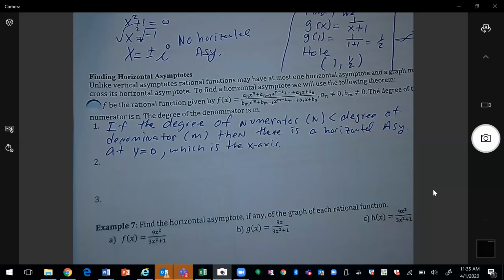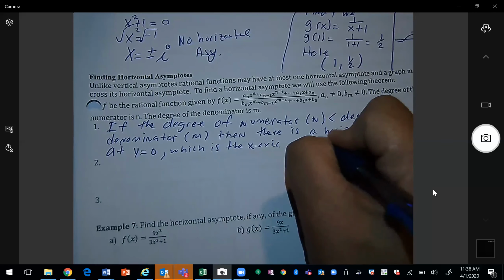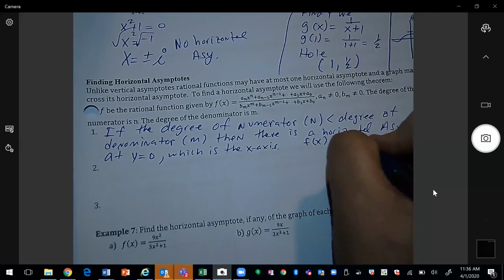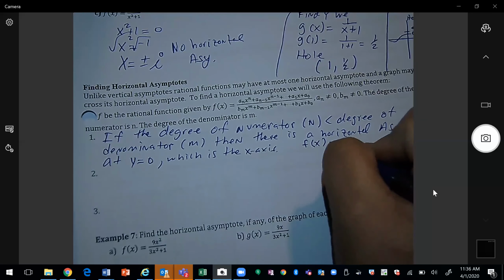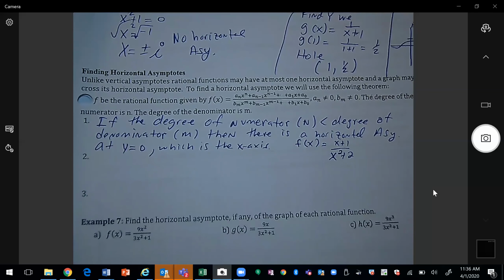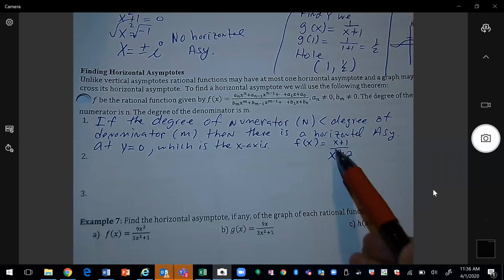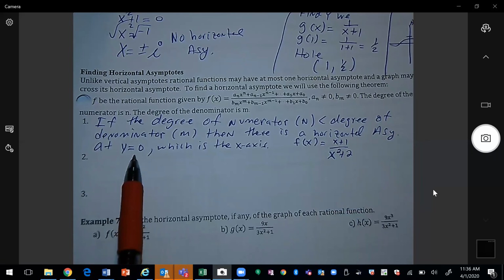Okay, so this is what I mean by this statement. Let's say you have a function f of x equals x plus 1 divided by x squared plus 2. To find the horizontal asymptote, we need to look at the degree of the numerator and the degree of the denominator. If the degree of the numerator is less than the degree of the denominator, then it's automatically going to have an asymptote at y equals 0.